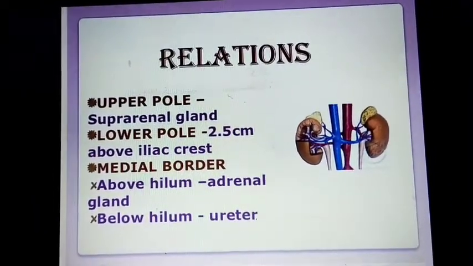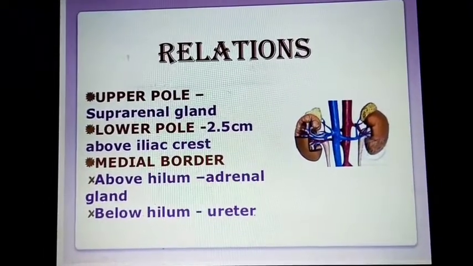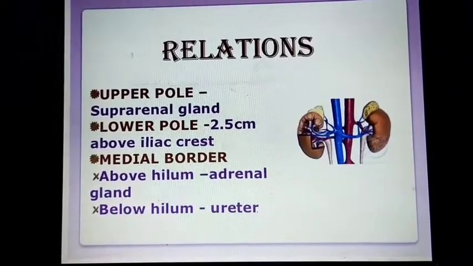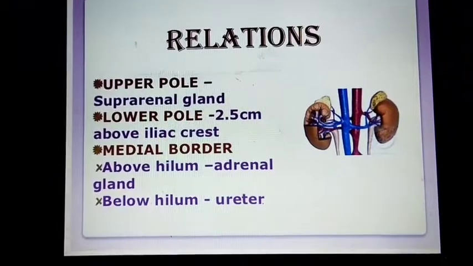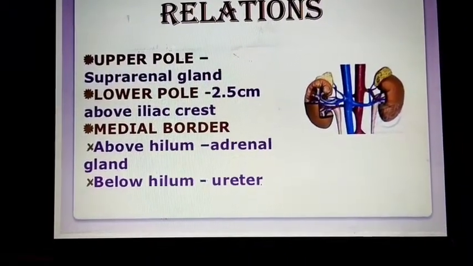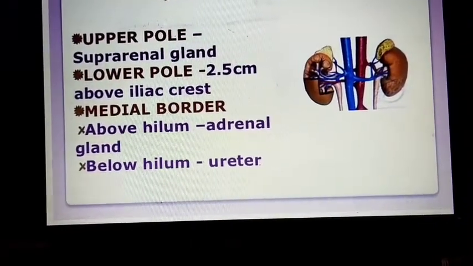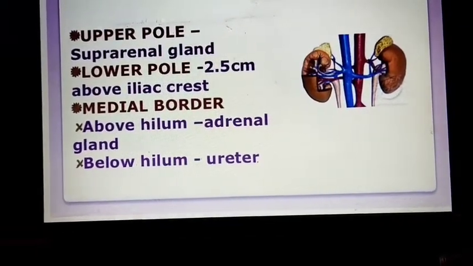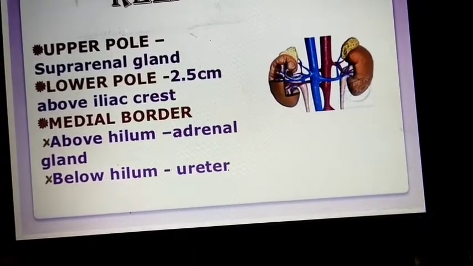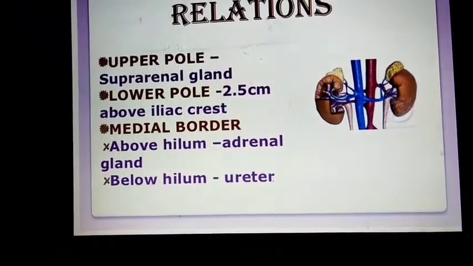Upper pole: it is related to, or covered by, the suprarenal gland. Lower pole: it is 2.5 centimeters above the iliac crest. Medial border: above the hilum is the adrenal gland, and below the hilum is the ureter. From the upper hilum the adrenal gland starts, and below the hilum the ureter starts at the medial border.